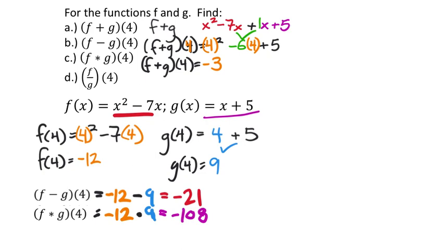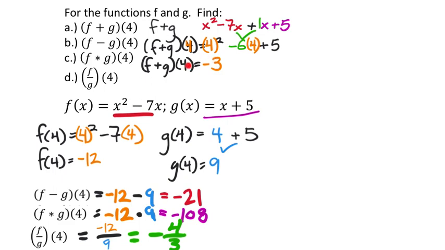This next one, f divided by g of 4, which is going to equal, yeah, I guess we're dividing there, negative 12 and 9, which I believe equals negative 4/3. You're welcome to write the decimal there, but there's more 3's than I want to write on that one. Not because I hate 3's, but just because it's more writing than I want to do.